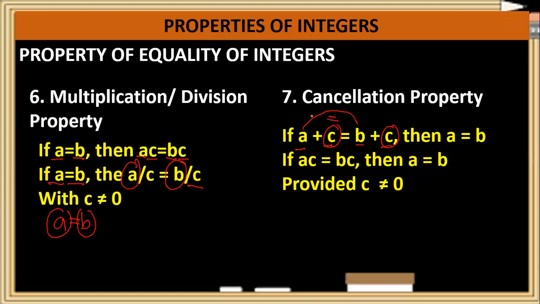Same thing yun sa multiplication natin. So pwede natin i-cancel si B and C, then that will give us A is equal to B, provided si C ay hindi equal to 0. Those are the properties of integers in terms of equality.